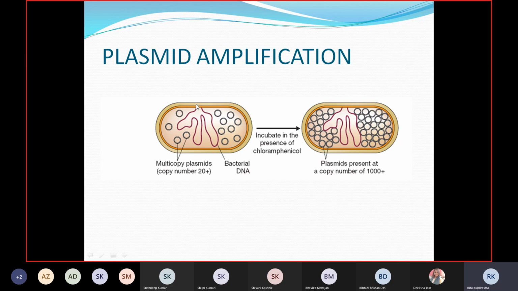So my last class was your introduction to the various bacterial strains that are used for cloning purposes. At the same time, I also sensitized you to how these various bacterial strains, be it E. coli or other strains, are being manipulated for better production of the protein.